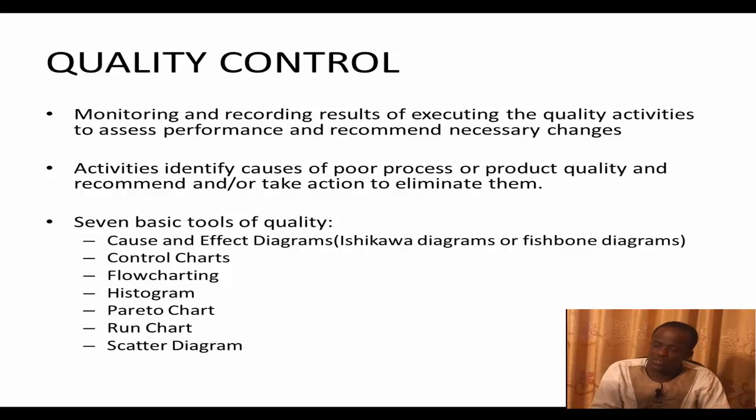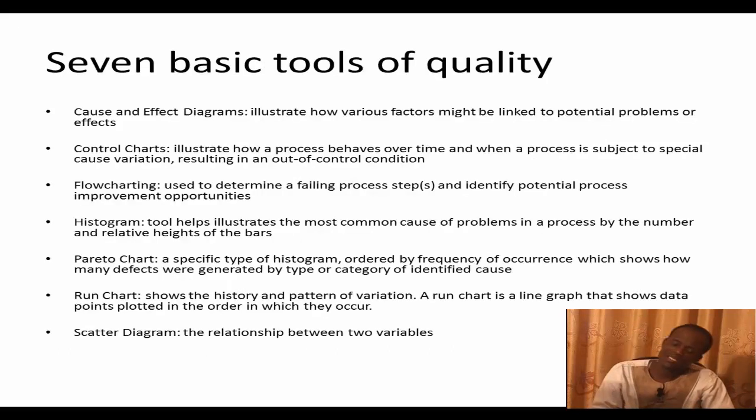There are a couple of tools. The 7 basic tools for quality include the cause and effect diagrams, or some call it an Ishikawa or fishbone diagram. There are control charts, flow charting, histogram, Pareto charts, run chart, and stuff like that. We shall look at this shortly.